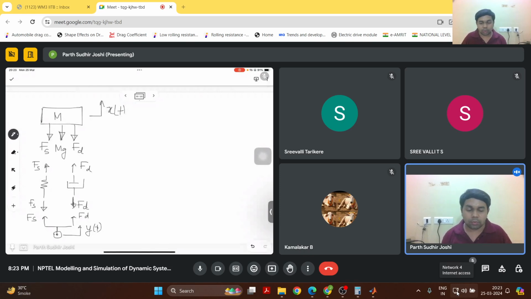So now this is our free body diagram. Now our task is to write down the expressions for the spring force and damper force.